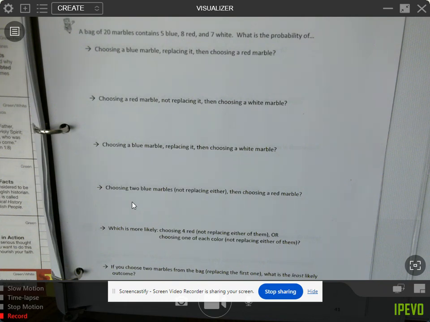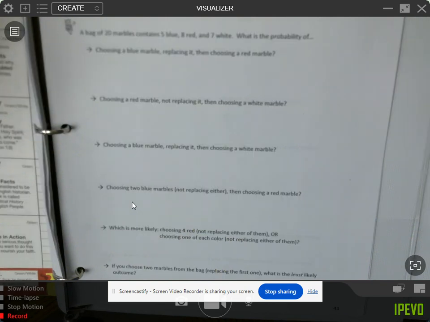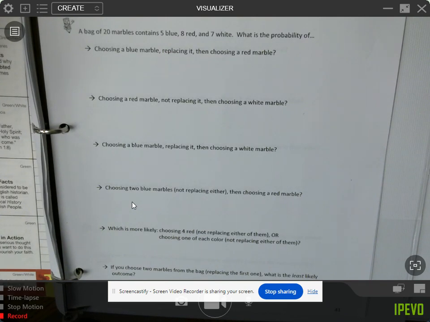In that bag of 20 marbles, 5 of those 20 marbles are blue, 8 of those 20 marbles are red, and 7 of those 20 marbles are white. So what is the probability of each of these things happening? So let's look at the first one. Choosing a blue marble, replacing it, then choosing a red marble.